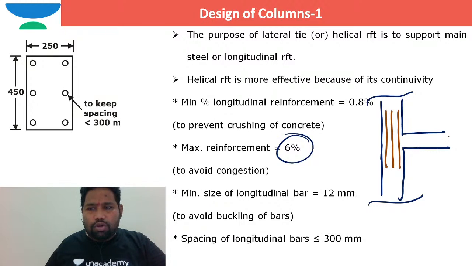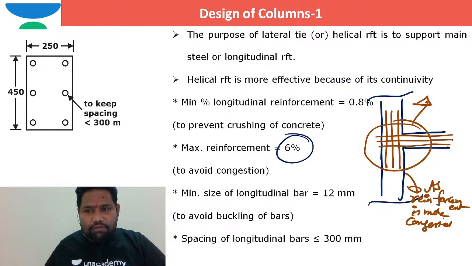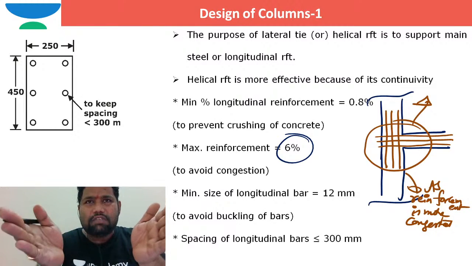In the beam also you had provided the maximum limit, so it is also more congested, especially at this beam column junction. Congested means the spacing between the bars is very close.